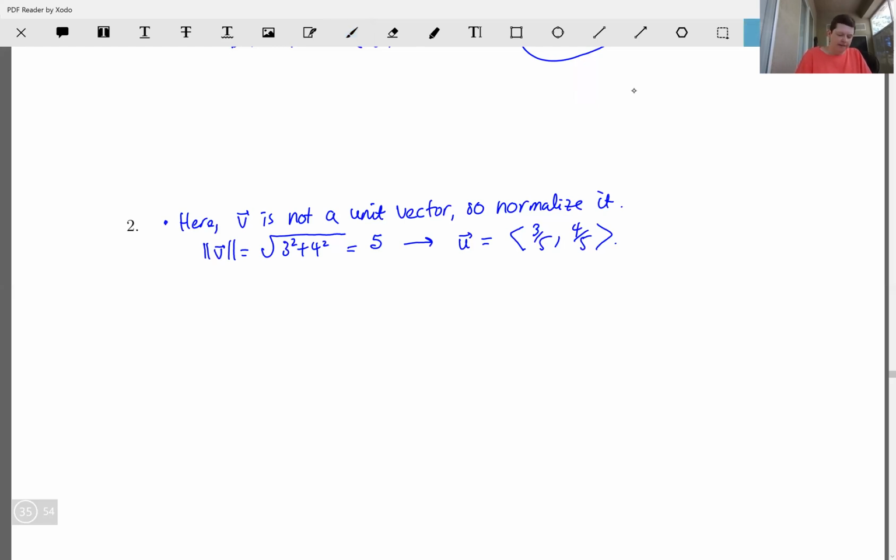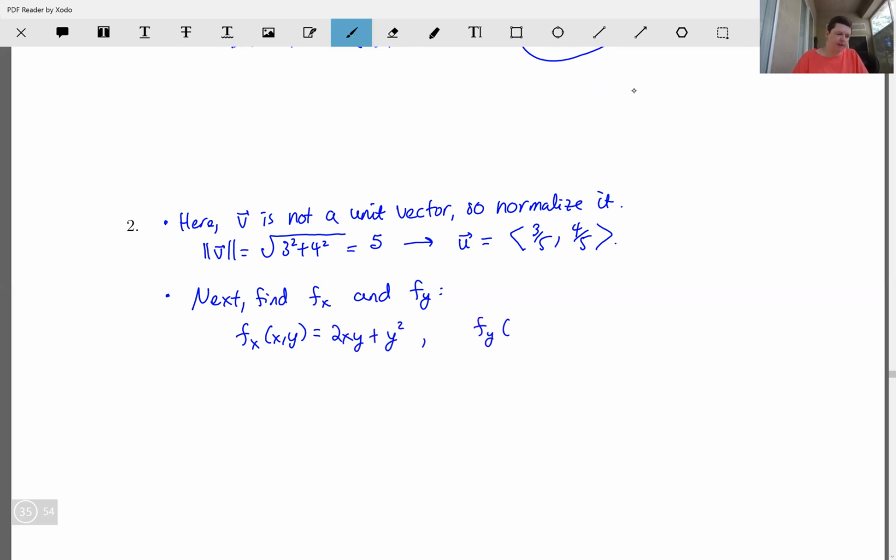All right. Next thing I need is the partial derivatives. So I need to find the partial of f with respect to x and the partial of f with respect to y. The partial of f with respect to x is fairly straightforward to find. If we go back to our function, that's going to give me 2xy plus y squared, and the partial of f with respect to y is simply going to be x squared plus 2xy.